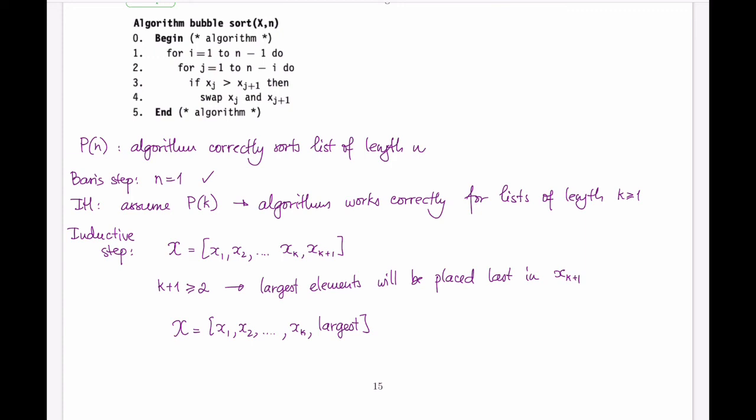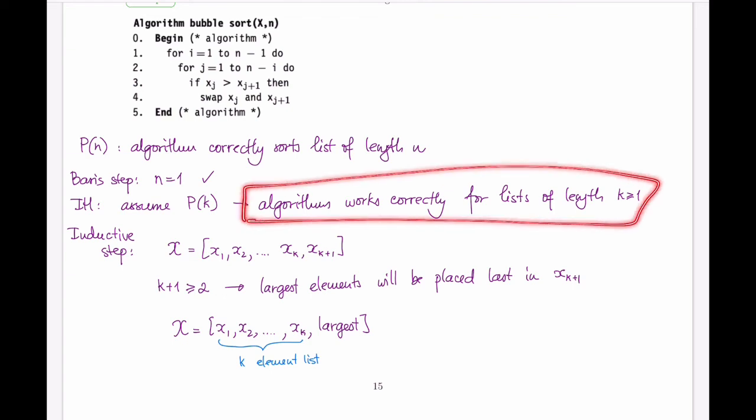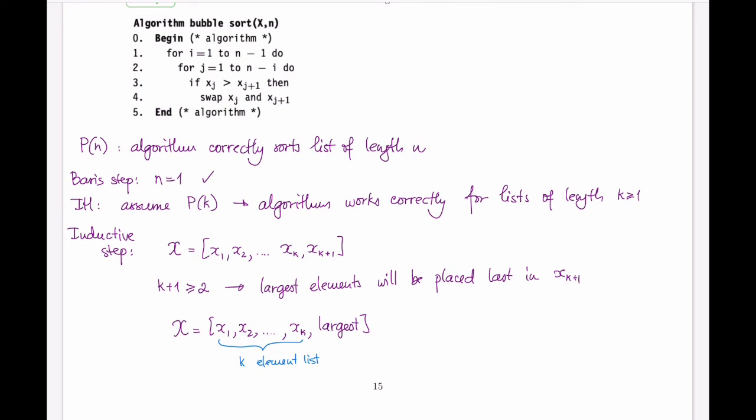And this, of course, is fantastic news because the largest element has been placed, which now means that I have a k element list to sort. And of course, by the induction hypothesis, that is exactly what we've assumed the algorithm already can do.